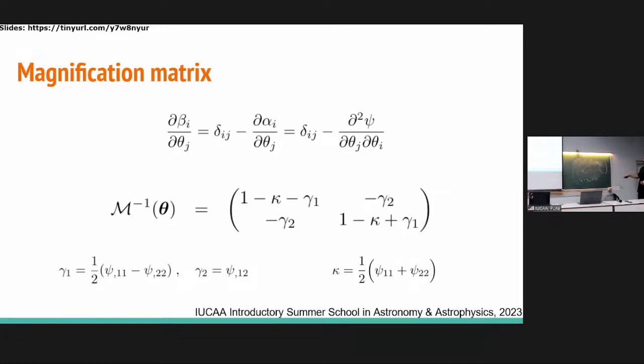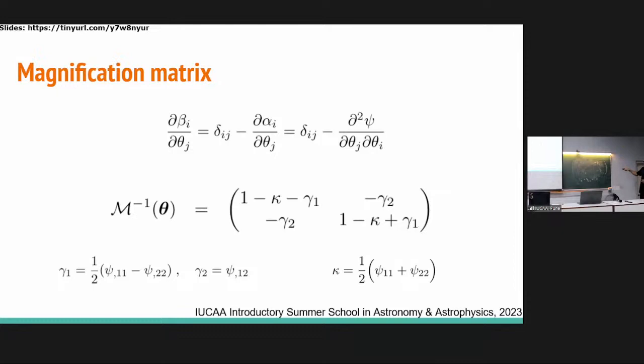So I can rewrite this whole matrix in this particular form, where I define gamma_1 as half of psi_11 minus psi_22, and gamma_2 is just psi_12. So this is easy to understand: minus gamma_2, minus gamma_2.